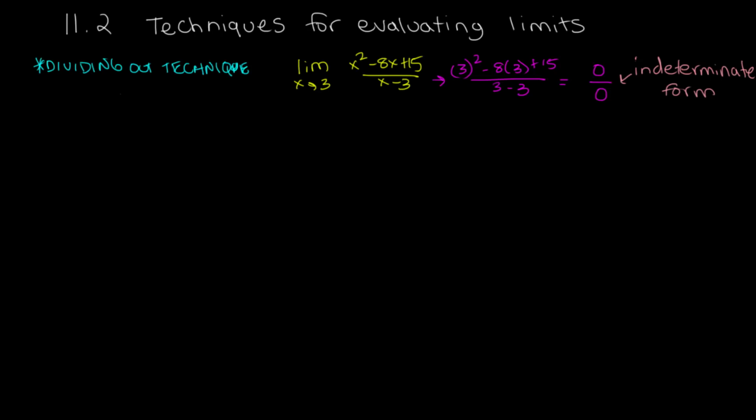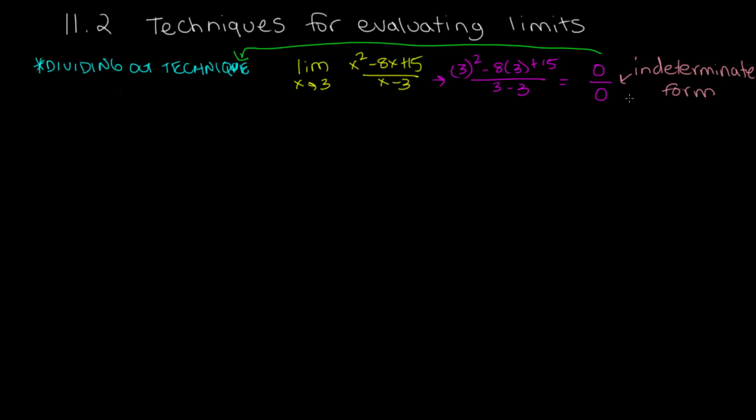This is why we use all these different methods to evaluate the limit, because we can't do anything with this indeterminate form. So we're going to use the dividing out technique to see if we can get a value that is not the indeterminate form.